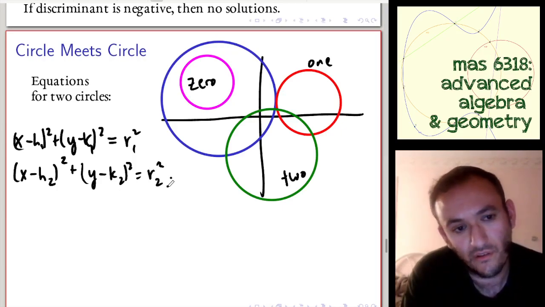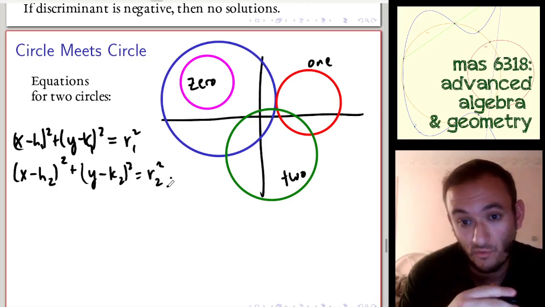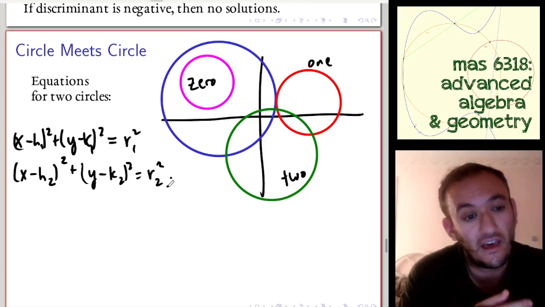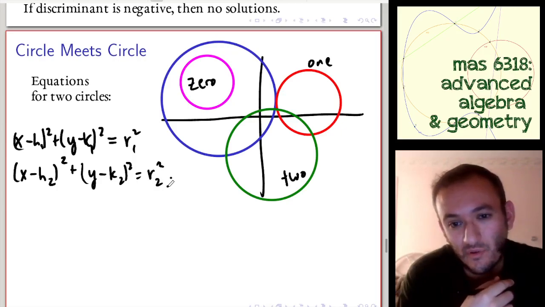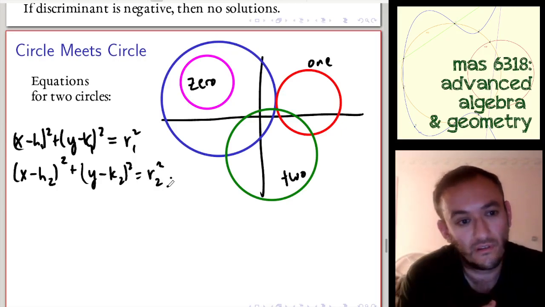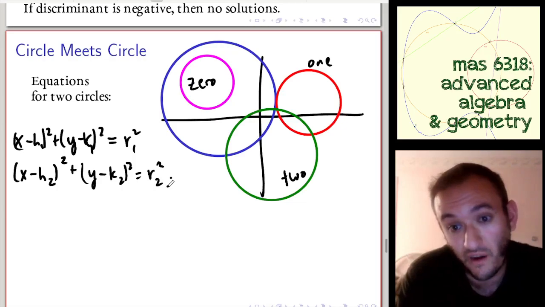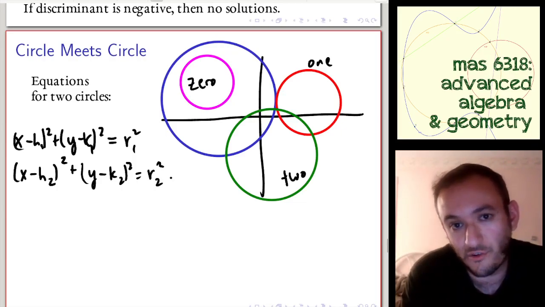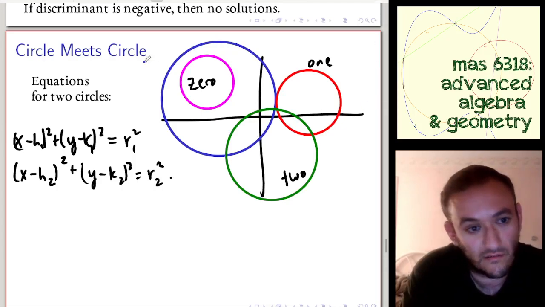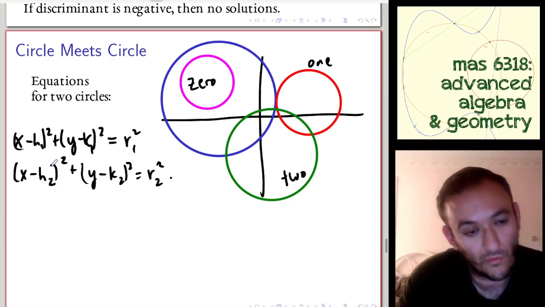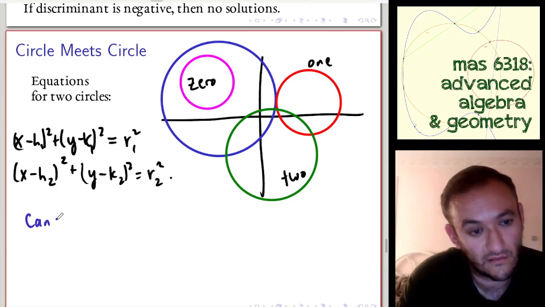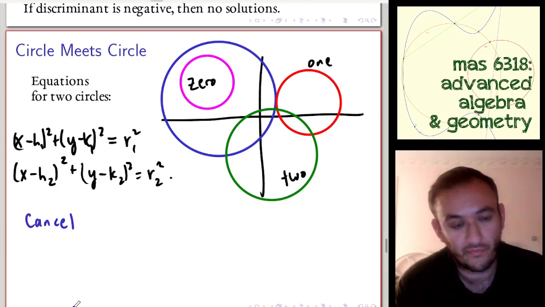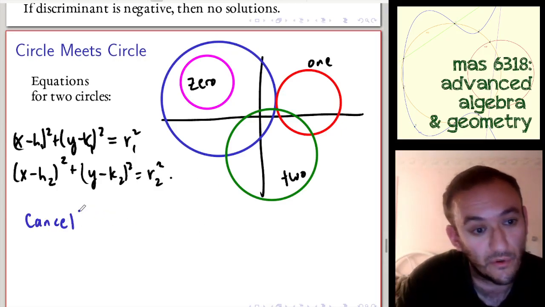Okay, so with the line, I had an equation where I could solve for one variable and plug it in. But here, it's not so simple because we have degree 2 in both variables in both equations. So we're going to try one of the other tricks for solving equations, and that is we're going to cancel by adding together scalar multiples of the 2 equations.